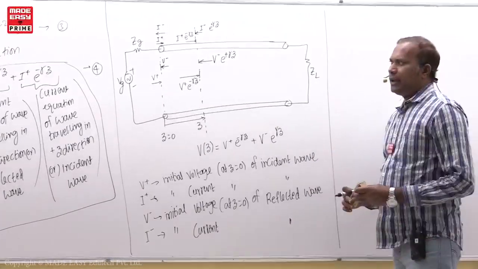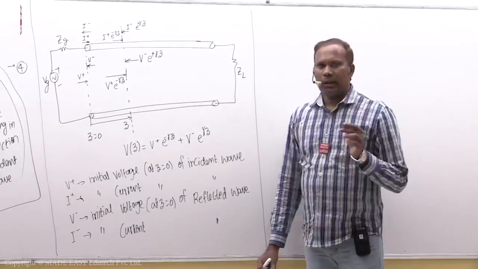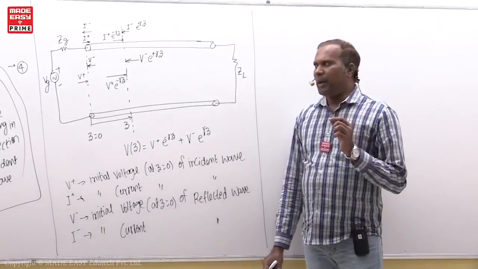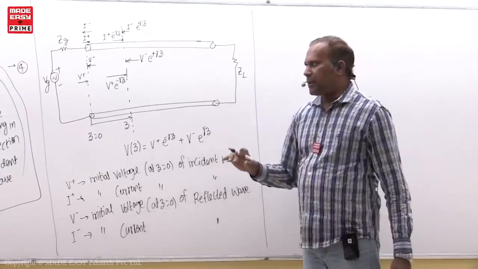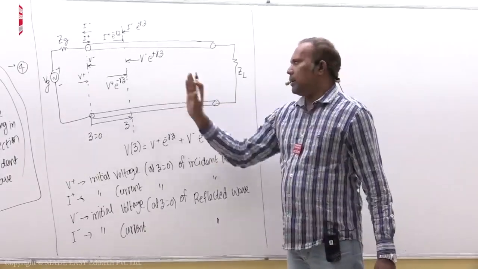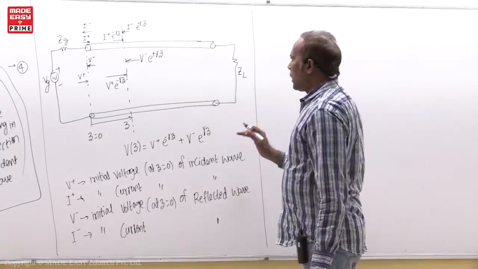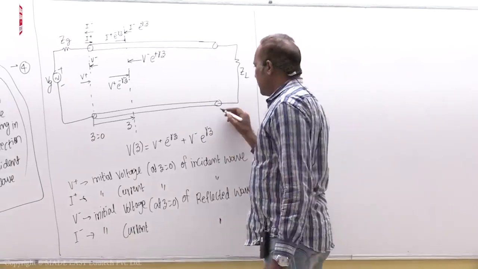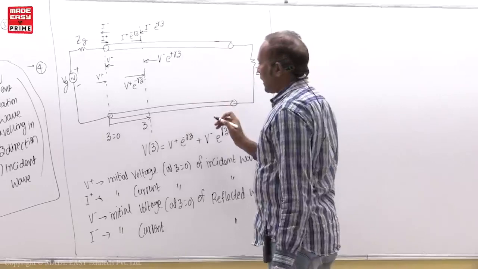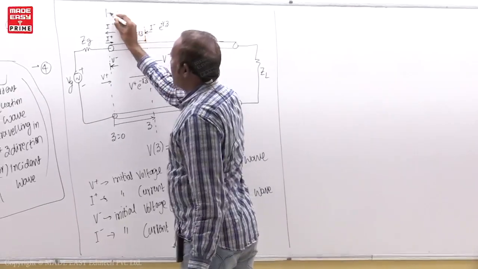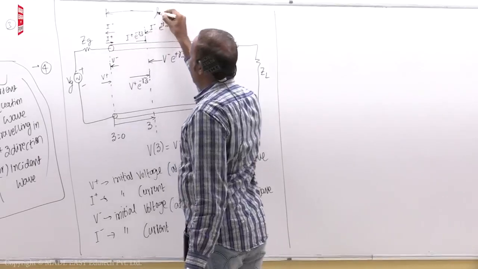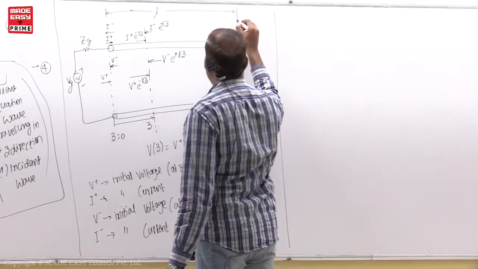Now you have seen the solution. It is very simple. The solution is in the form of exponentials only. So you have seen the equations, and I have shown them in the diagram also. Now, for example, the total length of the transmission line is L, maybe small l or capital L, it doesn't matter.